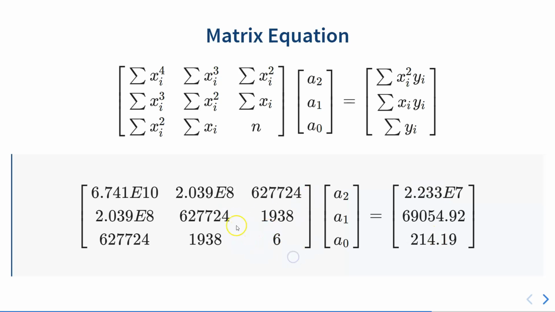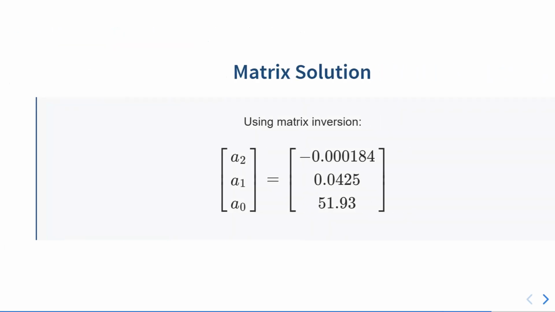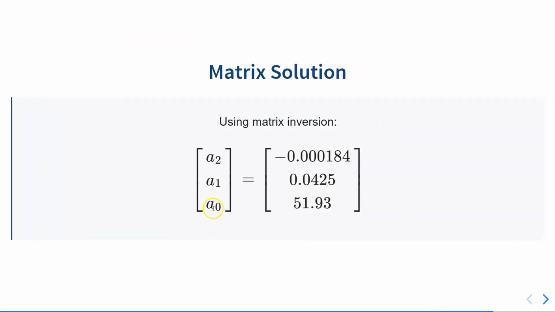Now we can solve for a2, a1, a0 using a calculator, or we can use MATLAB, or a different numerical technique. After solving by matrix inversion, we got a2 is minus 0.00184, a1 is 0.0425 and a0 is 51.93.